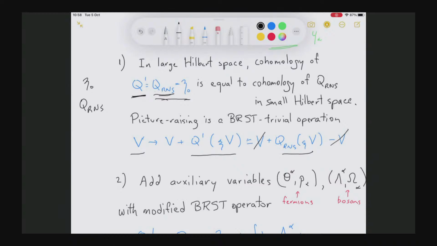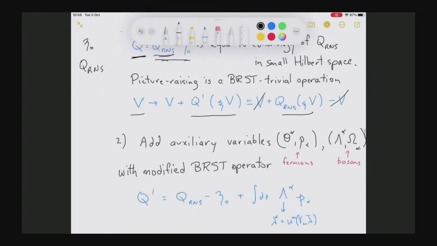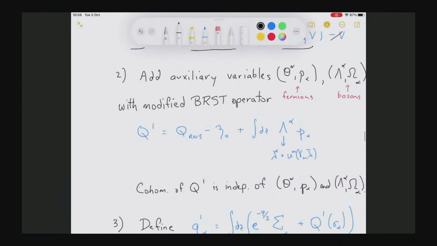Okay, then the next step is to add auxiliary variables. What we're going to do is add a set of fermions and bosons in such a way that they don't modify the cohomology. This is similar to adding the auxiliary variables F and F bar, which don't propagate.